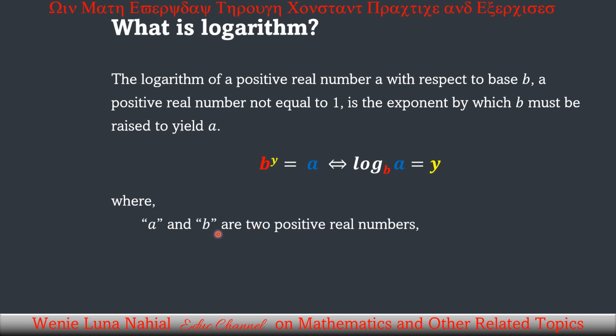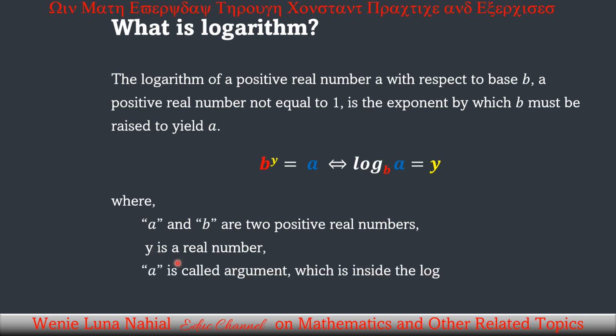Where a and b are two positive real numbers, and y is a real number. So we have to be mindful that our a and b here are positive real numbers. So they cannot be negative. Our y can be positive, and it can be negative. a is called the argument, which is inside the logarithm.